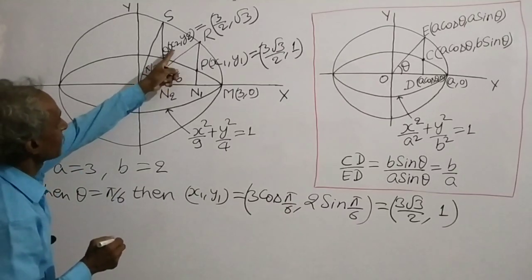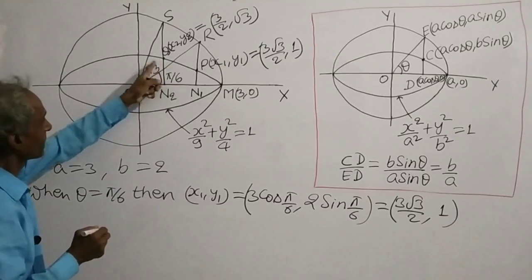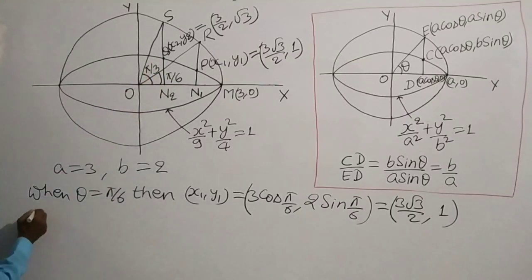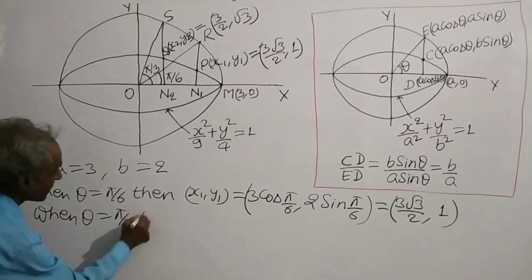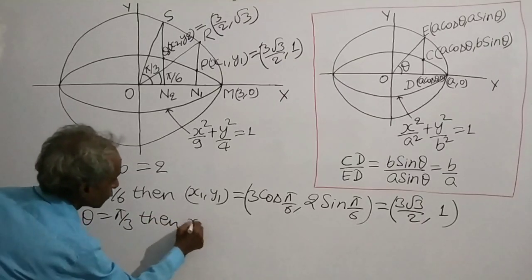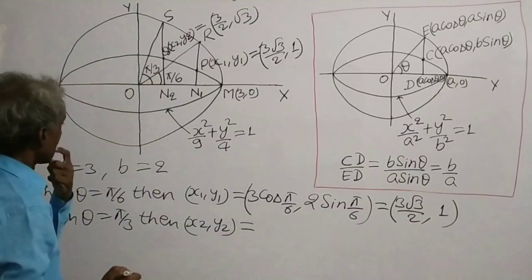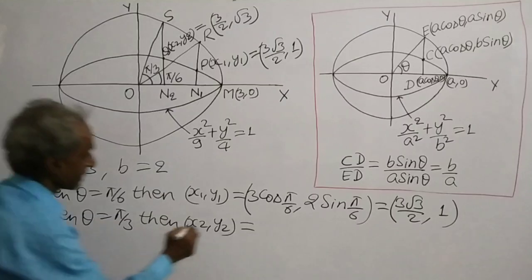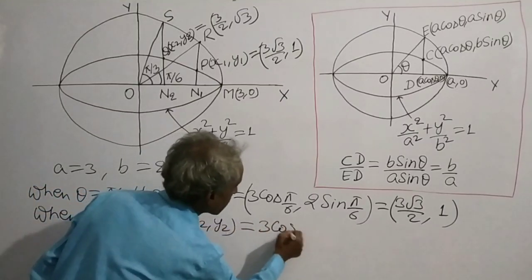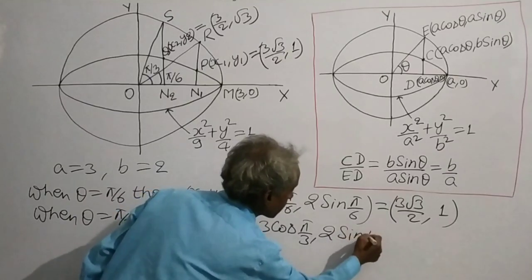This Q lies on the ellipse and the eccentric angle of this point Q is pi by 3. Therefore, when theta is equal to pi by 3, then x2, y2 will be equal to A cos theta means 3 cos pi by 3, 2 sin pi by 3.